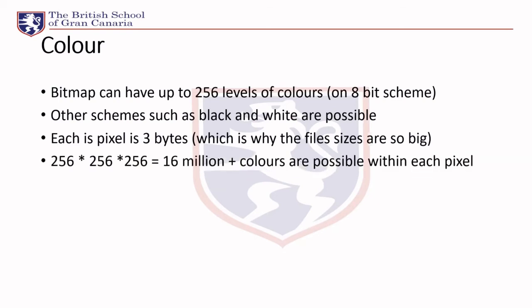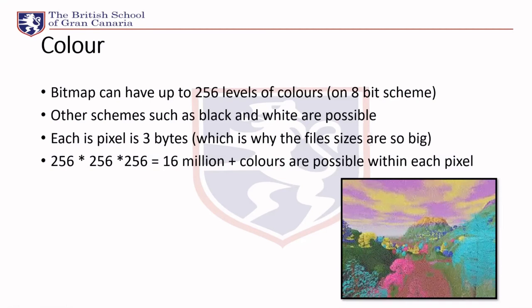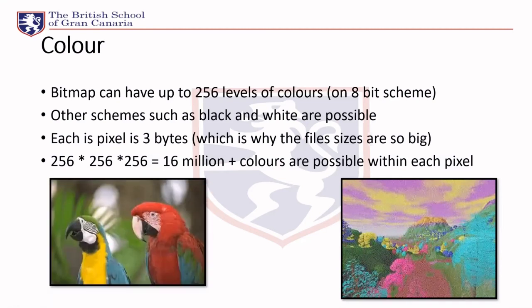The levels work out as 256 multiplied by 256 multiplied by another 256, and that equals 16 million. So that means 16 million colours are possible within each pixel. Here's an example here and another one here, so you can see the amount of colours that are in them.